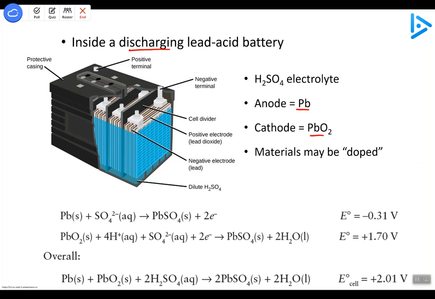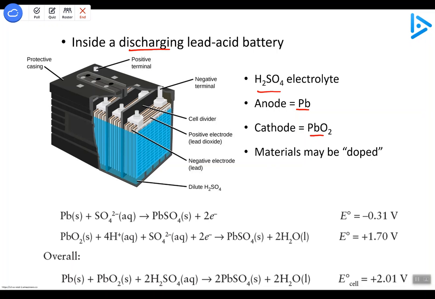And these plates are lined up, kind of stacked around one another, and then they're immersed in a 2-molar sulfuric acid solution. So that means if this spills, don't touch the solution because it's a strong acid.